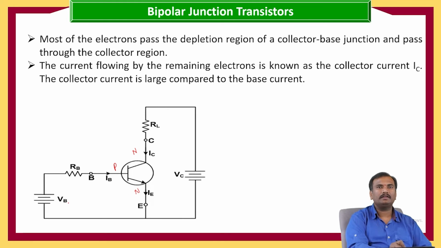That's why we are giving the base voltage VB, with positive connected to P type and negative connected to N type. And the collector to emitter junction should be reverse biased. So VC is connected with positive to N, which is the reverse bias.